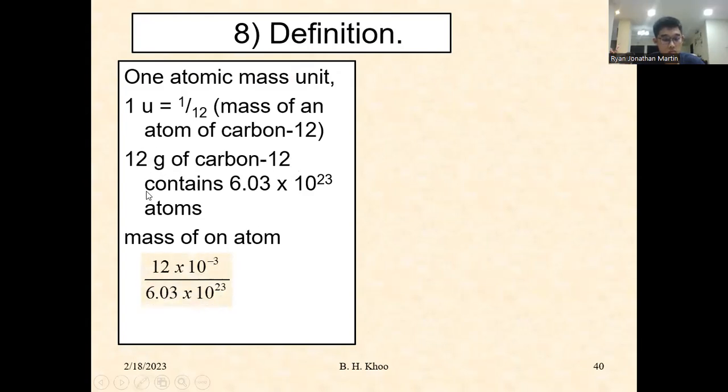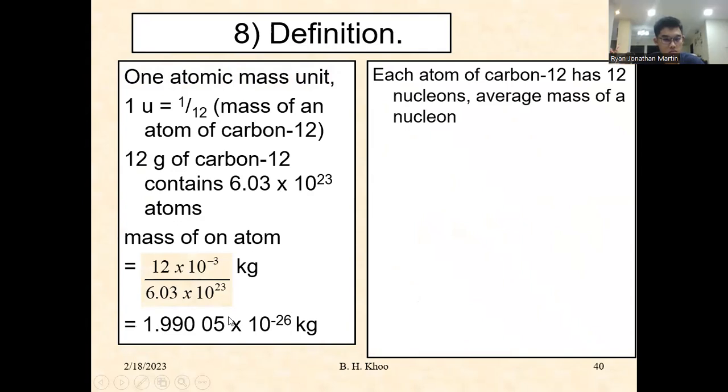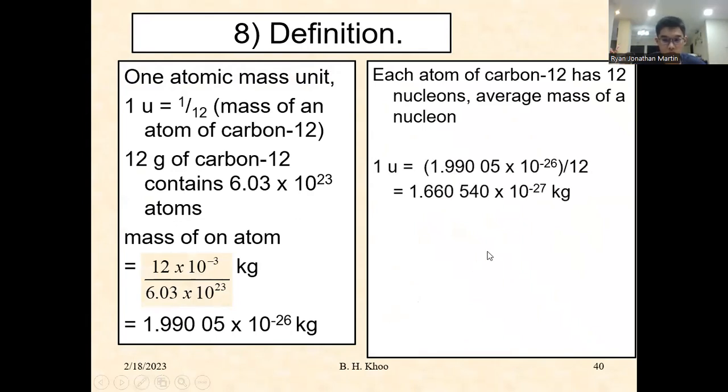Change it to kilogram, divide by the number of atoms, and get that value. Then since there are 12 nucleons in the nucleus, we divide this by 12. And that's our value. That's how we get the atomic mass unit.